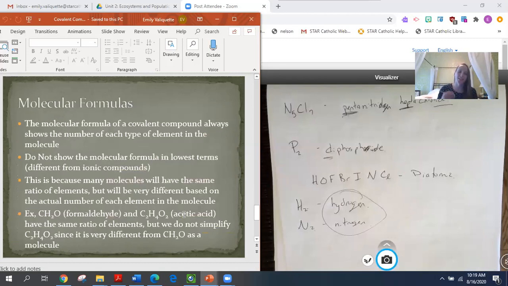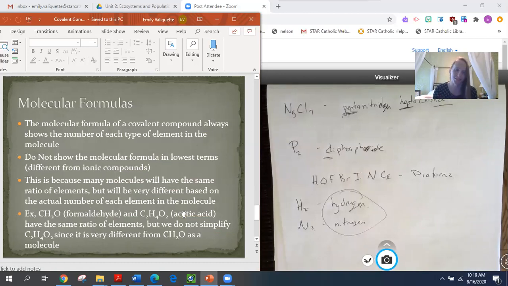Okay, so when it comes to molecular formulas, that is when we're given the name and have to figure out what the formula is. This is actually a lot easier than doing it with ionic compounds. If you remember, with ionic compounds you have to cross your charges. You don't need to do that with most molecular compounds. Instead, the prefixes tell you how many of each thing you need.